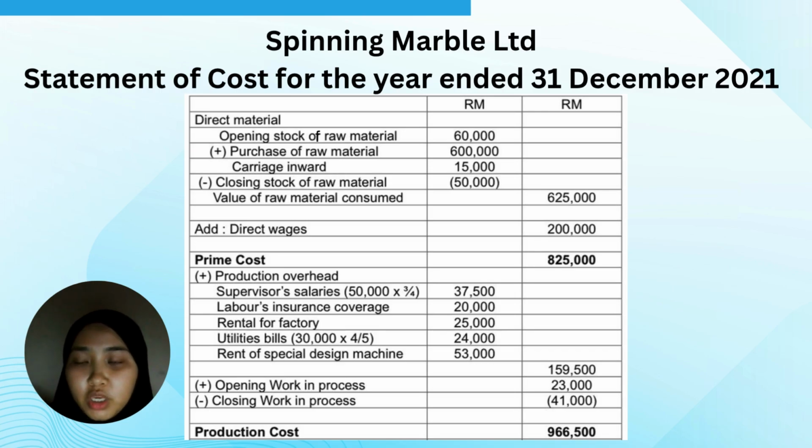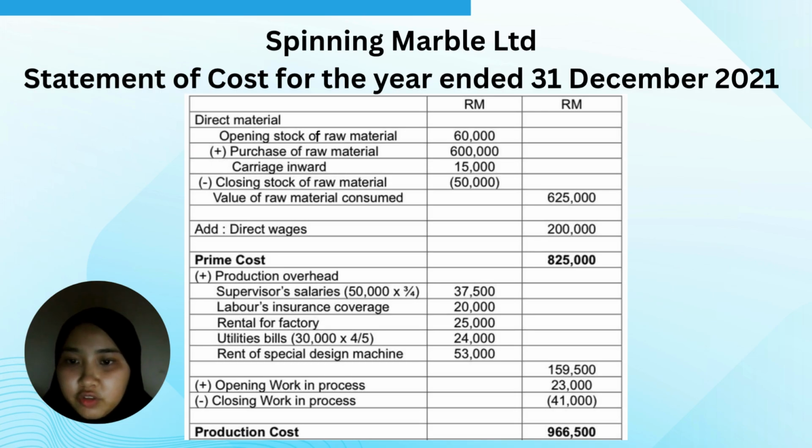Before this, we also calculated the answer for this additional information. For supervisor salaries for the factory, 50,000 times 3 out of 4, we get 37,500. For labor's insurance coverage, we just put the amount 20,000.